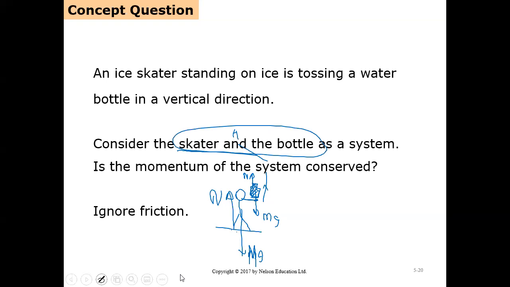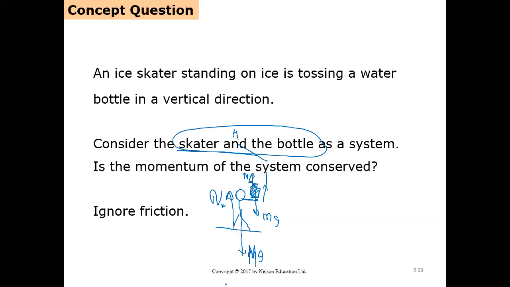And you cannot make the bottle go up without increasing the normal force on the bottle. Let me call this NB. The NB has to be greater than mg for the bottle to go up.